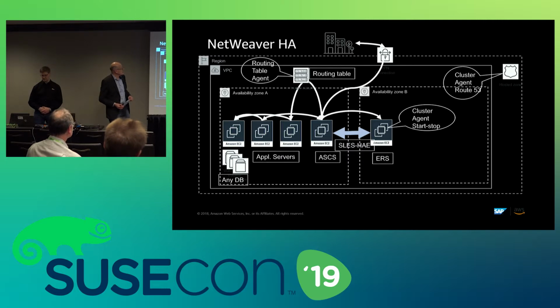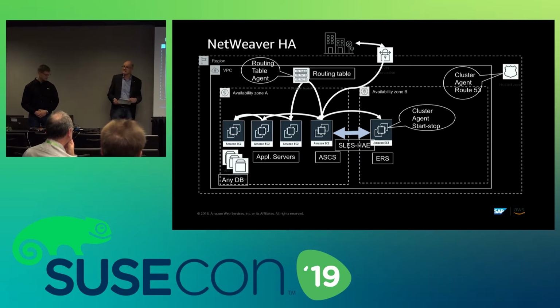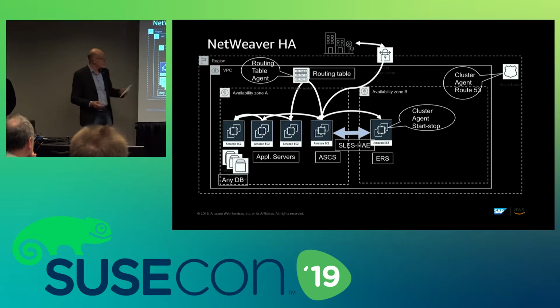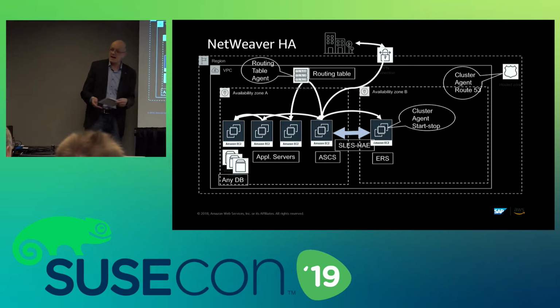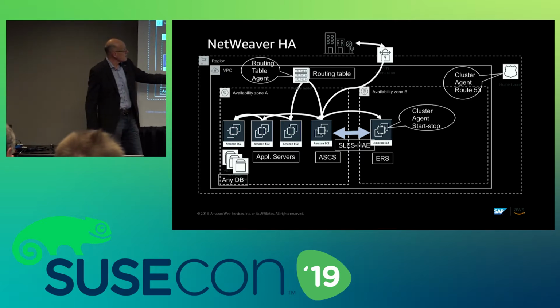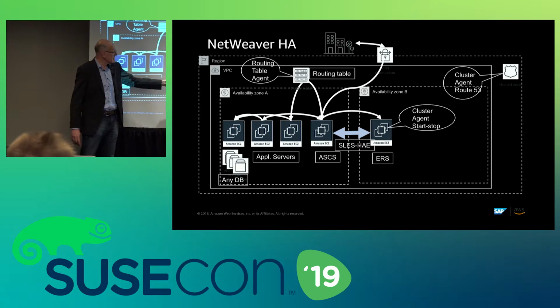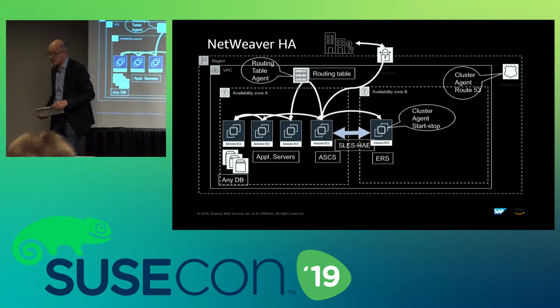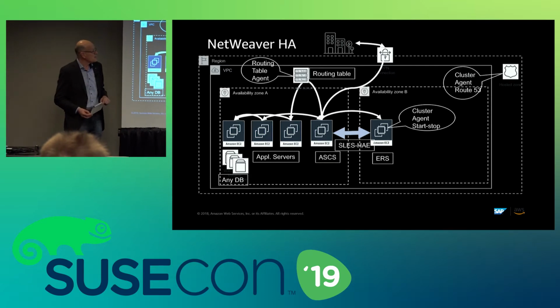So this is our NetWeaver HA. We have application servers. We tell our customers to use an N+1 redundancy for your application servers and do an auto recovery, which means if one of these servers dies, then you lose some capacity, you restart it, and the show moves on. SUSE is working with the ASCS and the ERS. It's taking care of the replication of the Enqueue state in between.